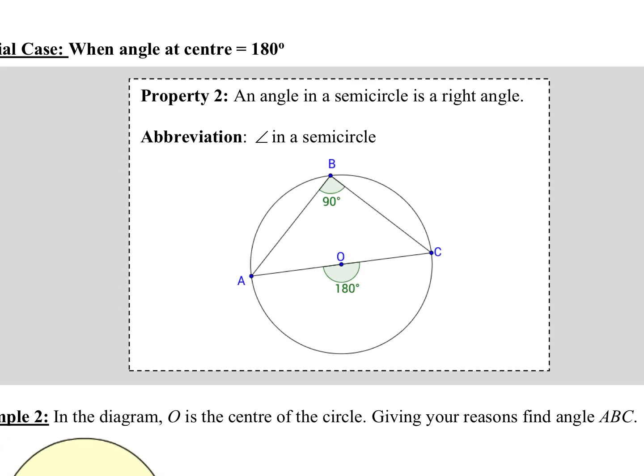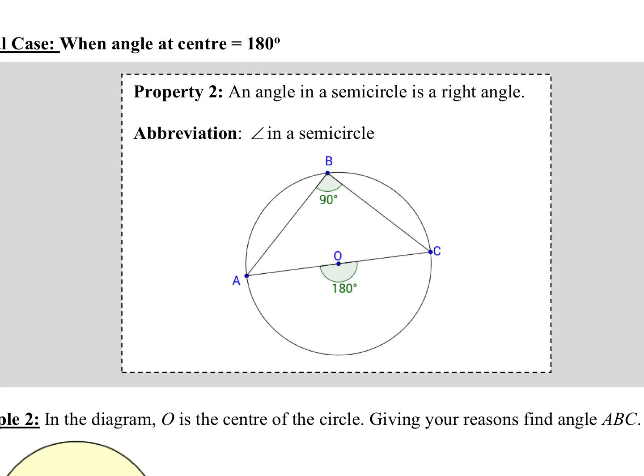Okay, next one. This one is also an extension of the property just now. This is called my angle at center. This is called my angle at circumference. Can you see it's also double? Okay, but they give a special name for this.